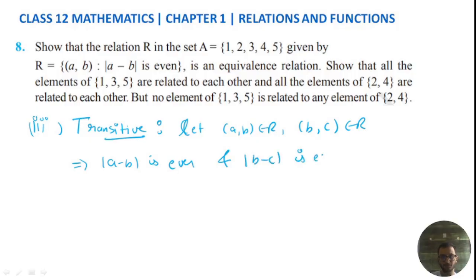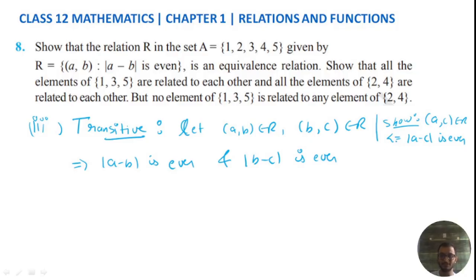What do we have to show? I always forget to write what we have to show. We have to show (a, c) belongs to R. When can we say that (a, c) will belong to R? If we show that the modulus of a minus c is even, then we are done, right? If the modulus of a minus c is even, then that means (a, c) belongs to R.